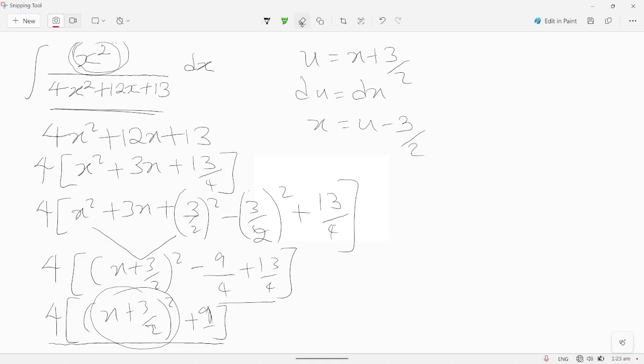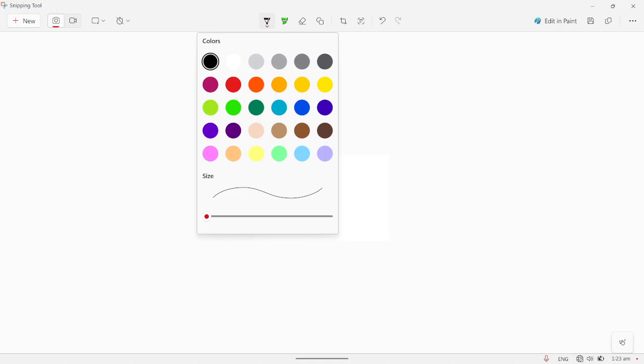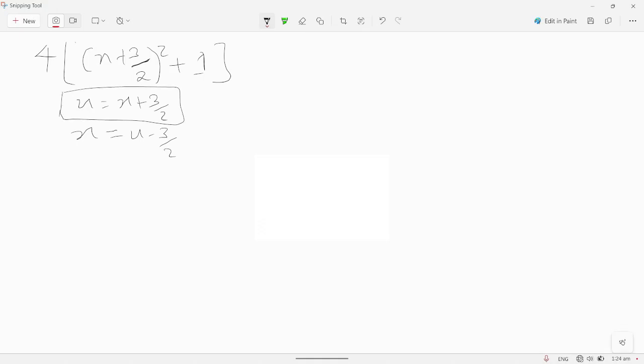So let me just rub this. After completing the square, we had x plus 3 over 2 squared plus 1. Then we said let u be x plus 3 over 2, and our x is u minus 3 over 2. When you differentiate this, we have du is equal to dx.